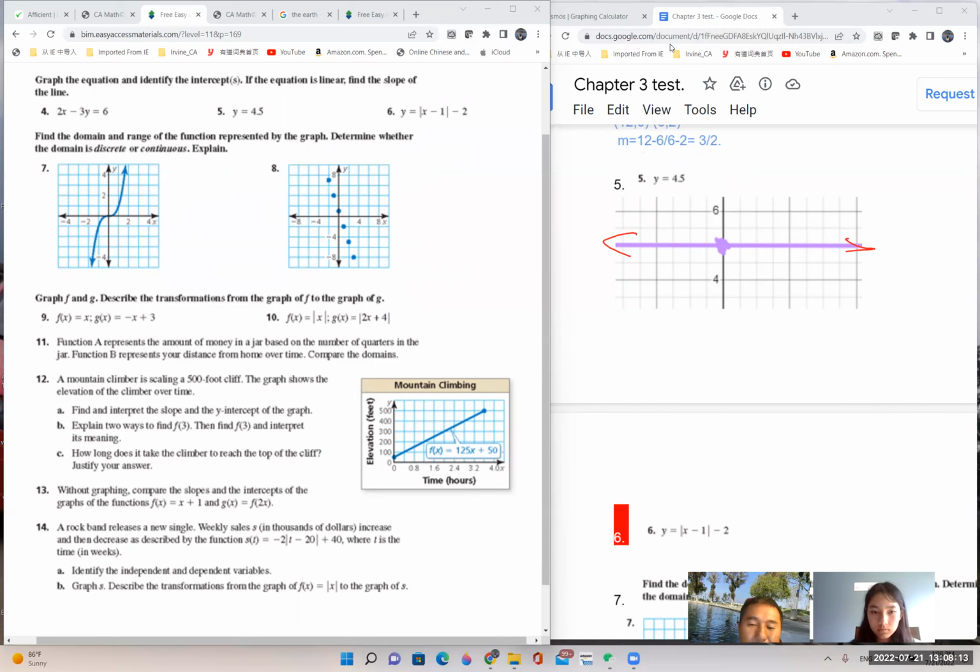So anyway, tell slope is what? X-intercept is what? Y-intercept is what? Yeah, we talk about problem 5. Yeah, after you're done, you should answer this instead of just draw.